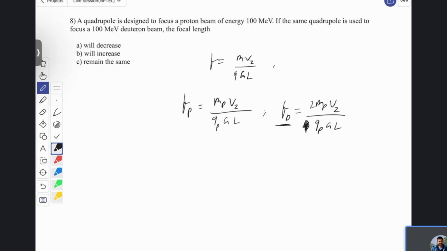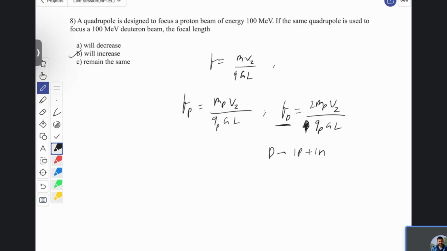In case of deuteron, it's twice what we have for the proton. So the correct answer is B. Because deuteron is one proton plus one neutron, so charge is just the same as proton, but its mass is twice the mass of proton. Okay.